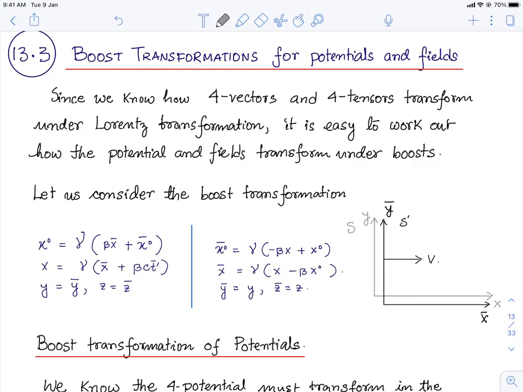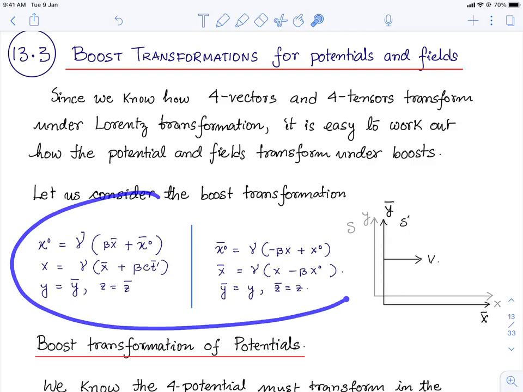Okay, we have discussed in the previous video that if we have a boost transformation like this as we have here, then the coordinates transform in a particular way, to keep the interval invariant.